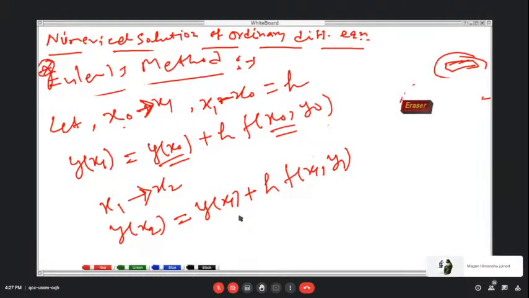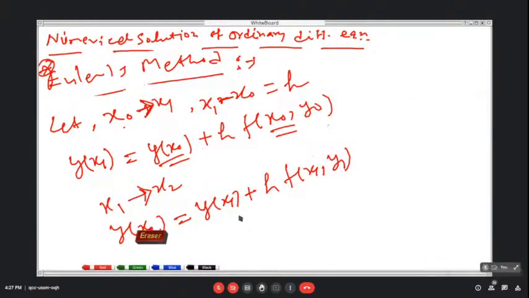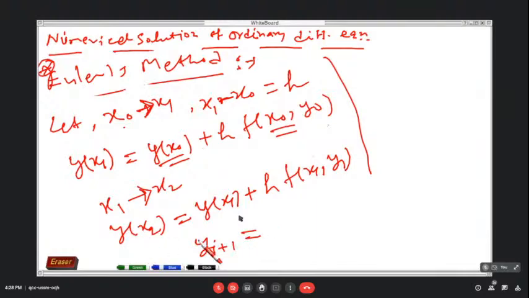So this is the value of your next point. Now from all these steps, from this discussion, the general equation I can write is y(i+1) is equal to y(i) plus h f(xi, yi).